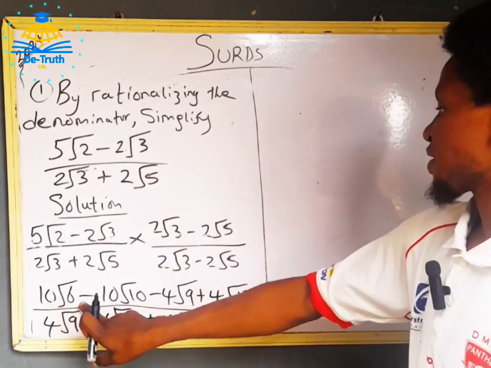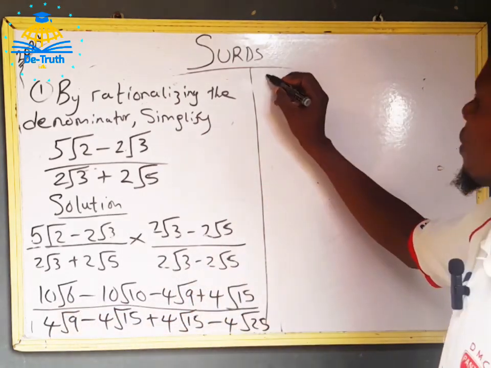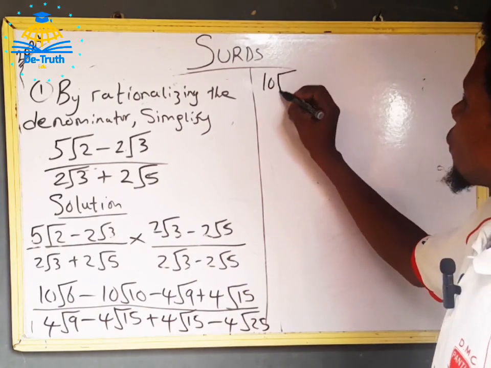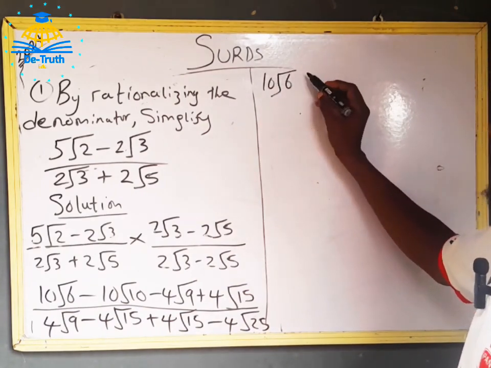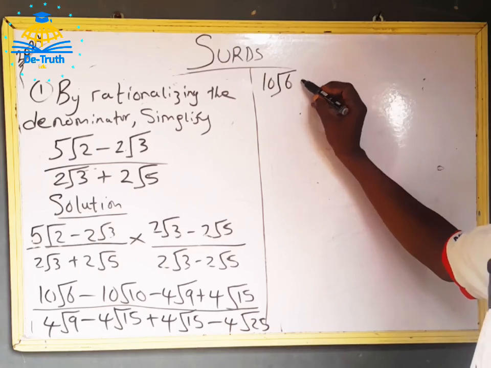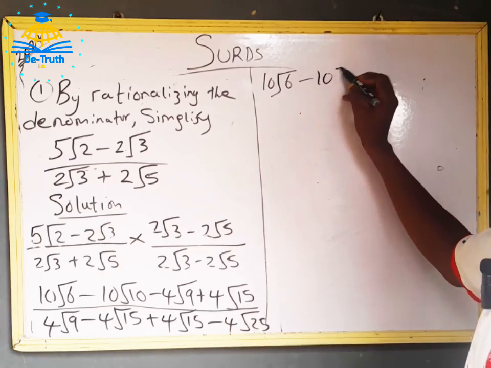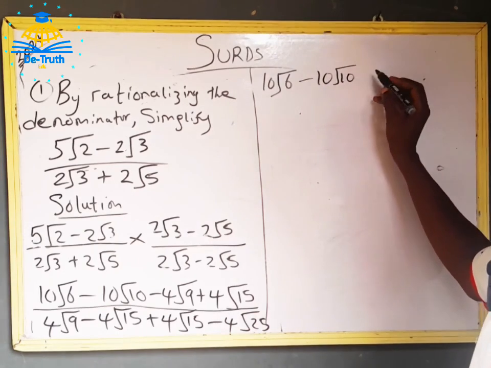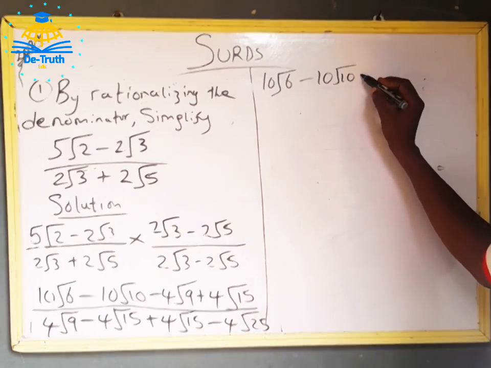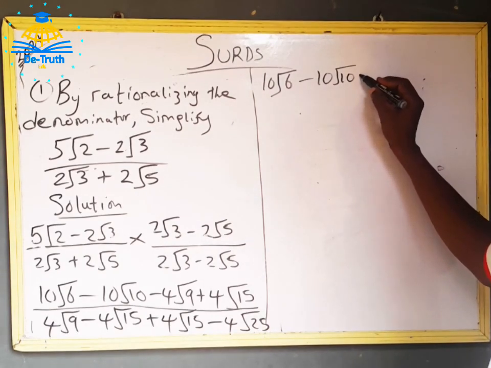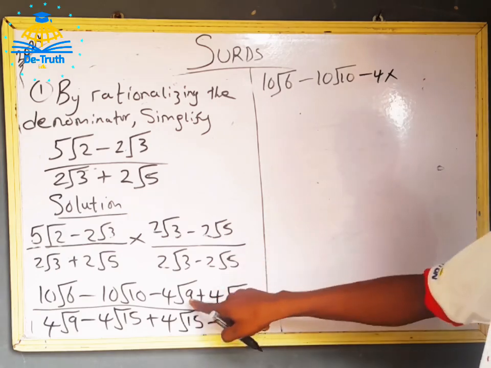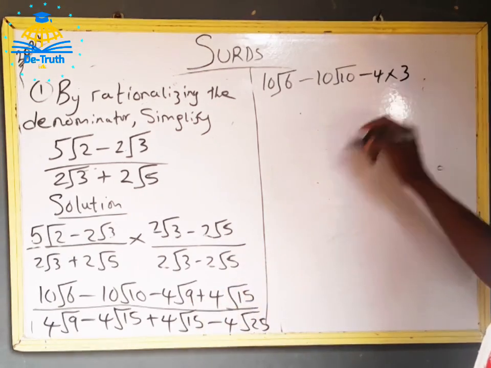So we have 10 root 6, minus 10 root 10, minus 4 times what's root 9? Root 9 is 3.